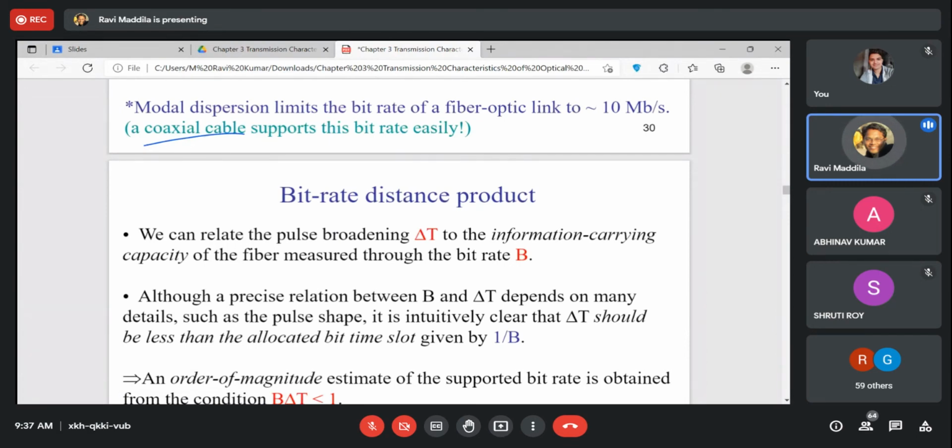Should I consider transmitting over an optical fiber, or over a coaxial cable? Here the bitrate distance product is very critical, because the next question is, how far can I transmit this data rate over an optical fiber or over a coaxial cable?